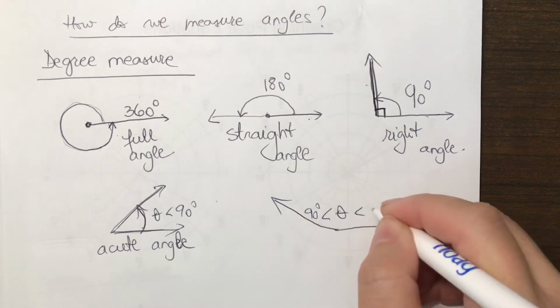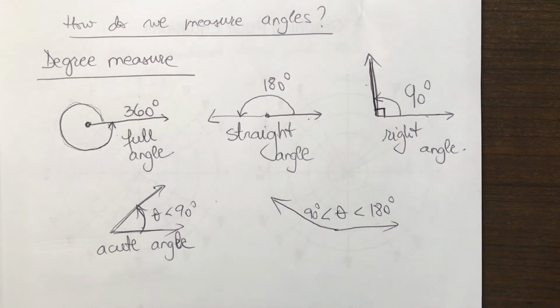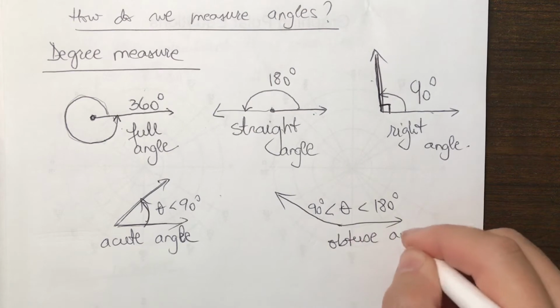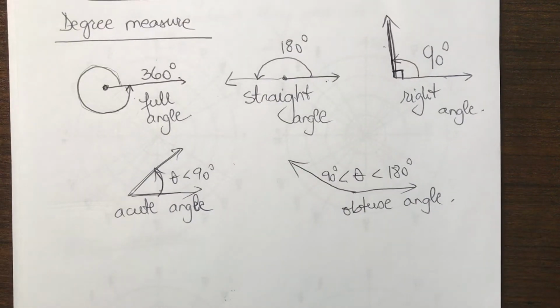We'll talk about quadrants in a minute. So an angle between 90 and 180 degrees is called an obtuse angle. Okay, well, there you go. So again, these are well-known facts, I hope. Just wanted to give you a little bit of a review on this.